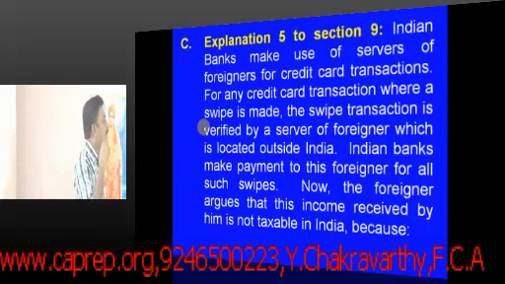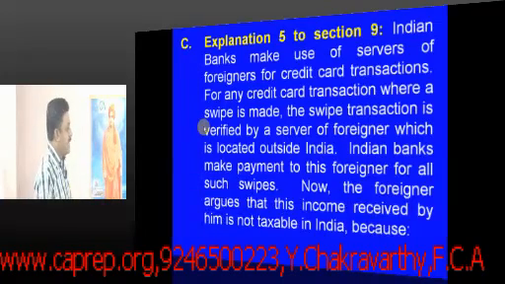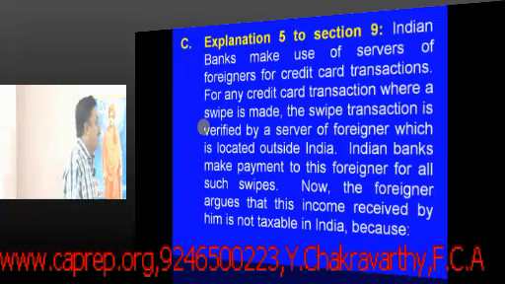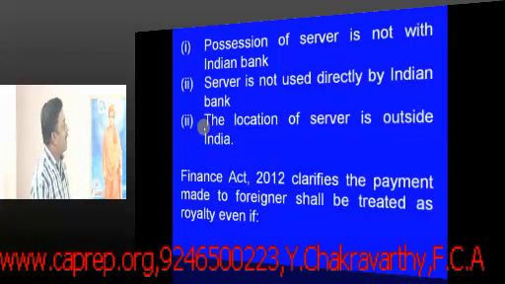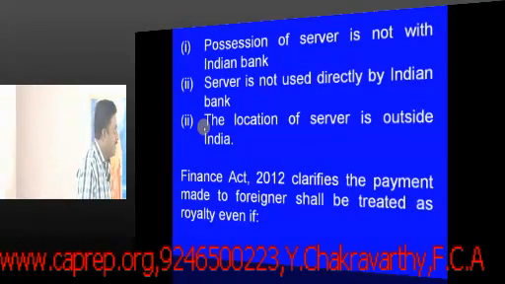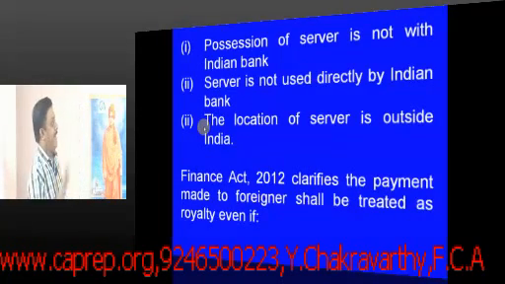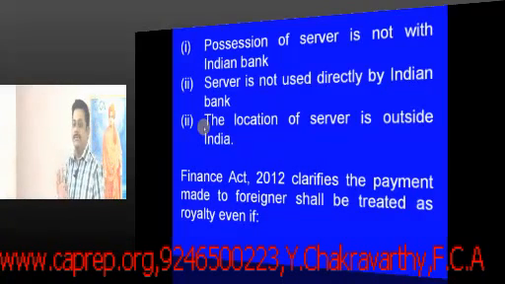Indian banks make payment to this foreigner for all such swipes. Now the foreigner argues that the income received by him is not taxable in India because possession of the server is not with the Indian bank, the server is not used directly by the Indian bank and the location of the server is outside India.